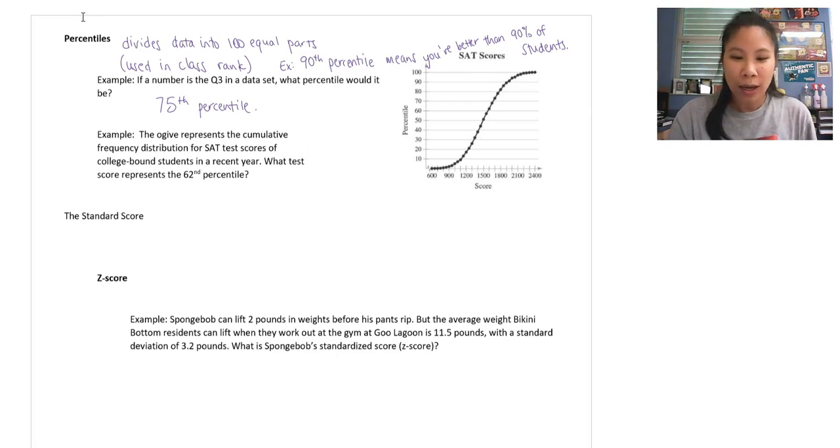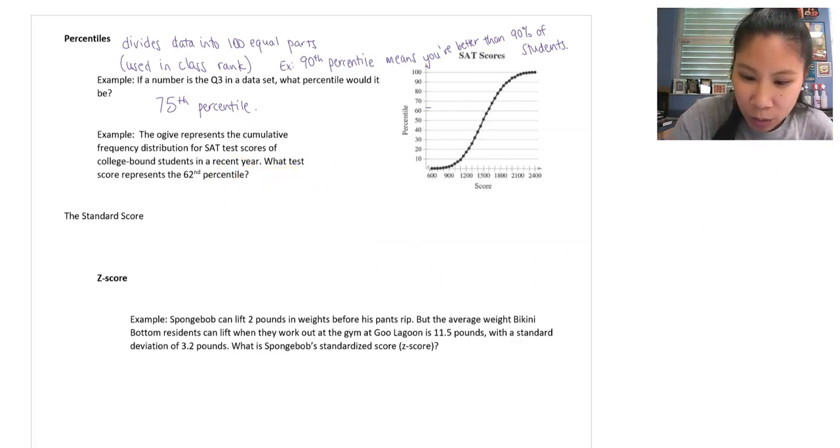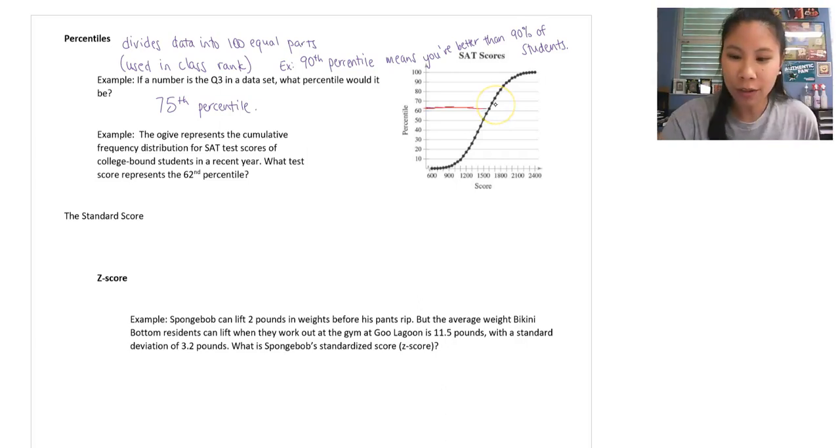And so if we read an ogive, we can actually use the y-axis as the percentiles when you use cumulative relative frequency. And so if the question asks what test score represents the 62nd percentile, we could look at our ogive, and since they're asking about a 62nd percentile here, then we can estimate 62% to be right here-ish on the graph.